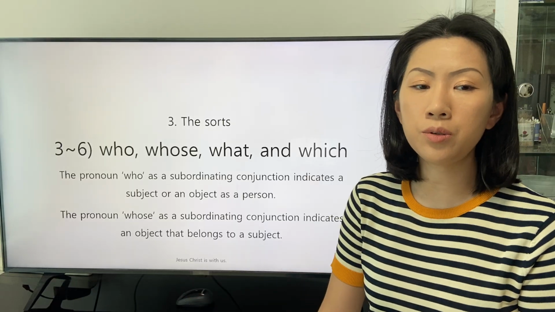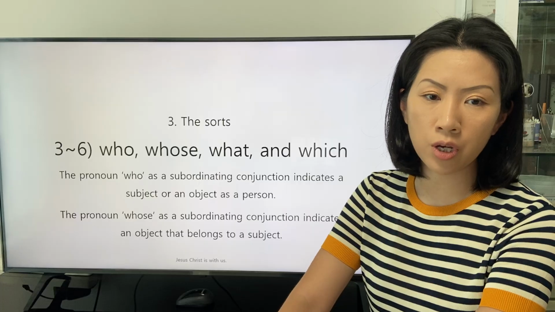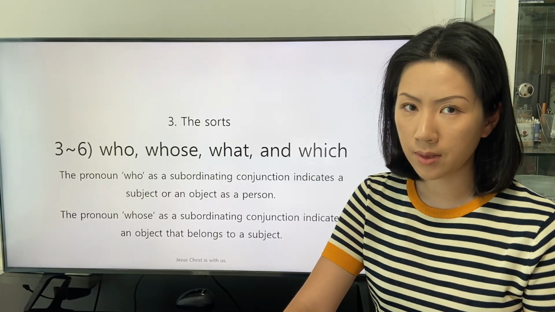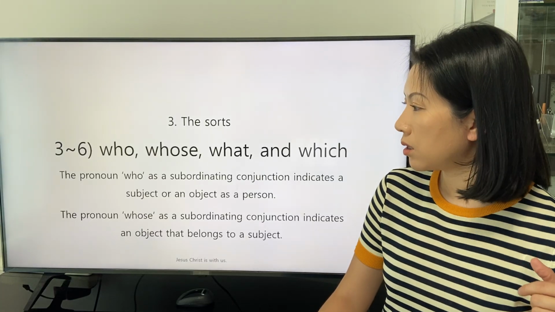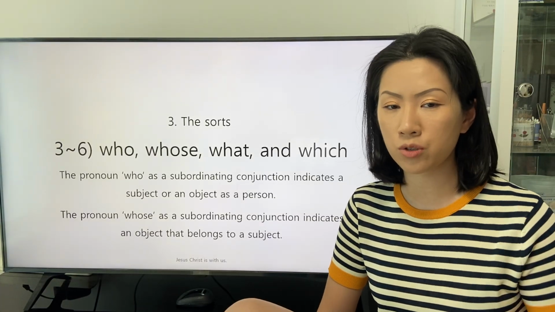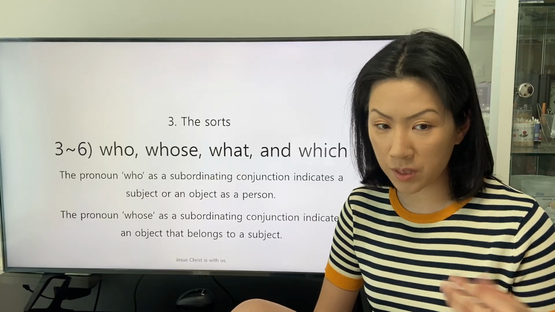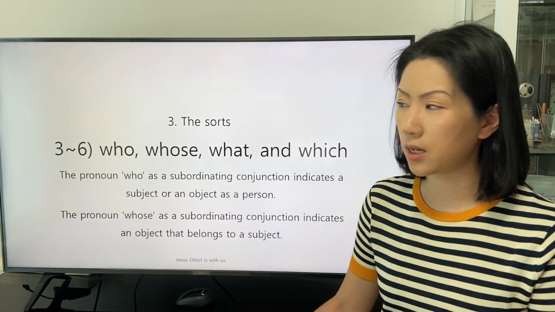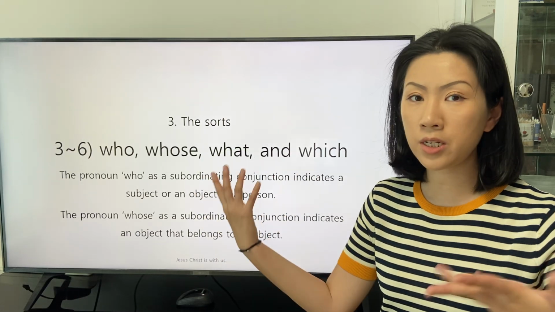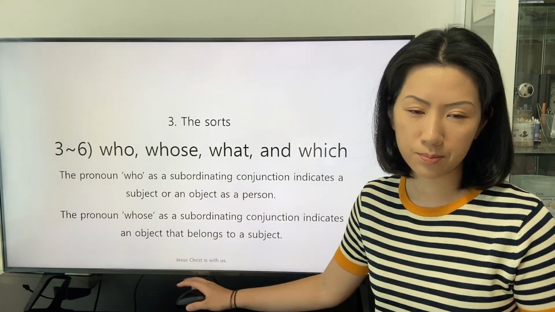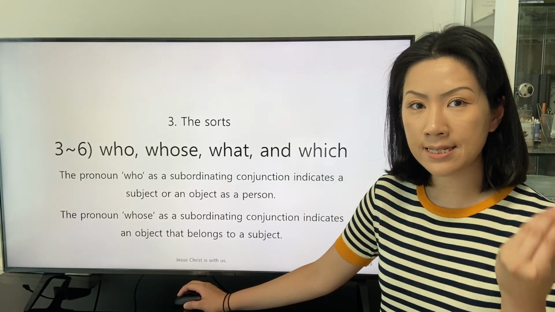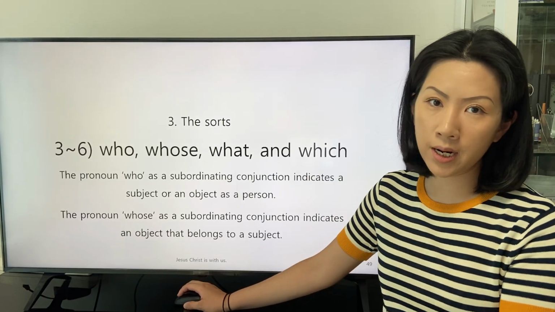The pronoun who as a subordinating conjunction indicates a subject or an object as a person. And the pronoun whose as a subordinating conjunction indicates an object that belongs to a subject. This explanation is about the premise for applying the pronoun as the subordinating conjunction.